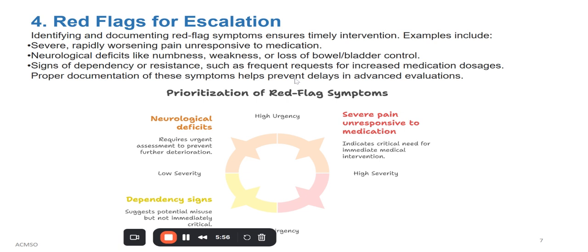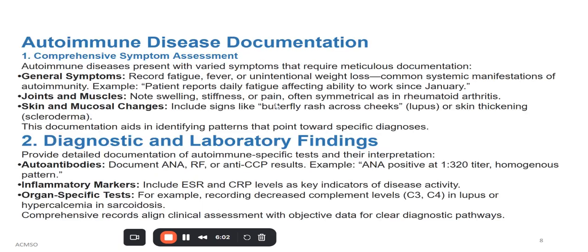Autoimmune disease documentation: comprehensive symptom assessment. Autoimmune diseases present with varied symptoms that require meticulous documentation. General symptoms: record fatigue, fever, and/or unintentional weight loss, common systemic manifestations of autoimmunity.